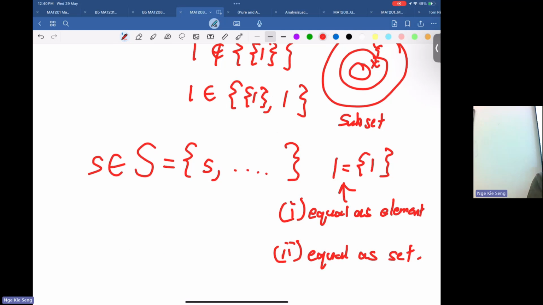Are they equal as element or not? No. Why? This very much depends on how we define 1 and the set containing 1. So by definition they are not equal. It's a different thing. So we cannot compare as element.